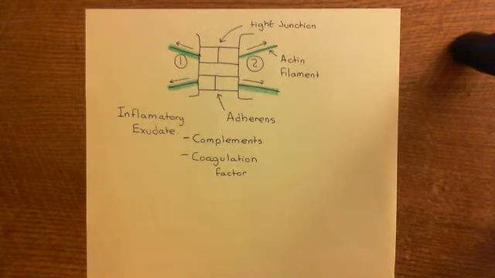These pro-inflammatory cytokines and histamine all act on endothelial cells of the blood vessels within that portion of tissue, so the arterioles, the capillaries, and the venules.